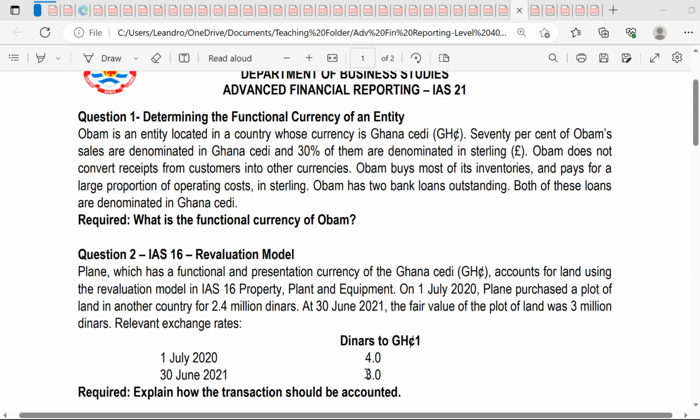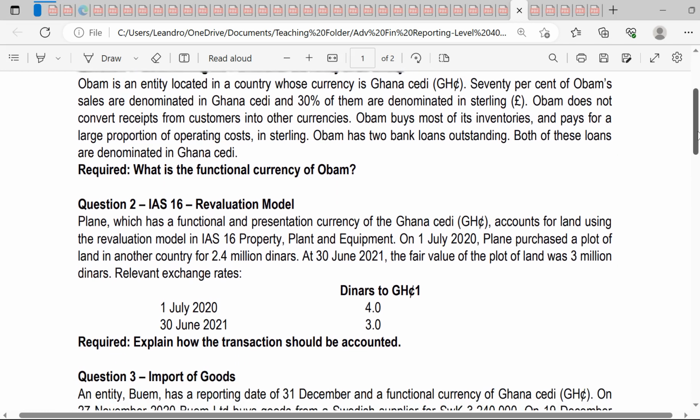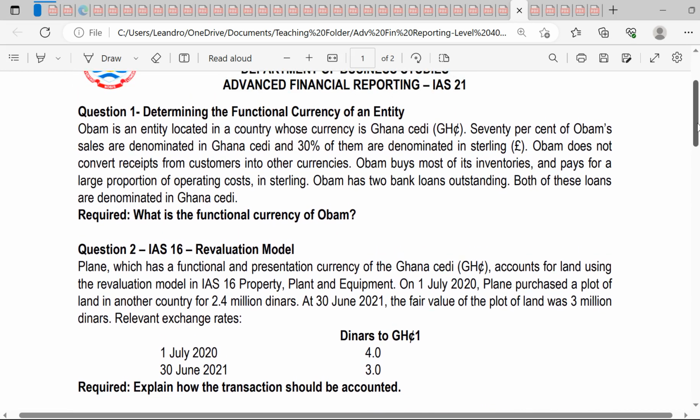Relevant exchange rates are as follows. The requirement is to explain, guys. You are to explain, so you can't just put figures down and go. You must write what you are doing and use the figures to illustrate.